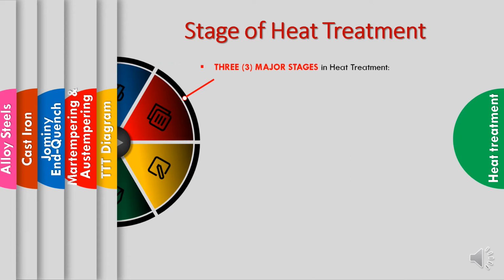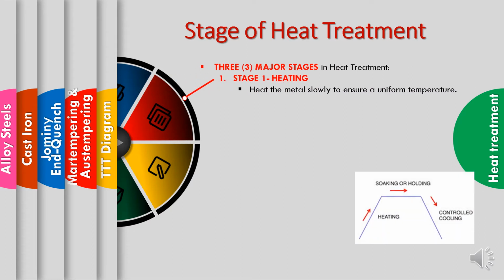There are three major stages in heat treatment. First, stage one, which is heating. We heat the metal slowly to ensure a uniform temperature at the desired temperature.